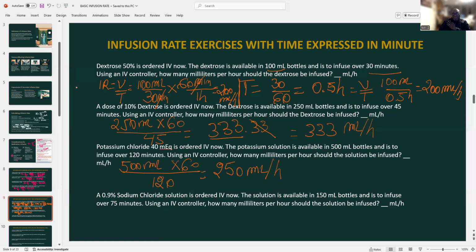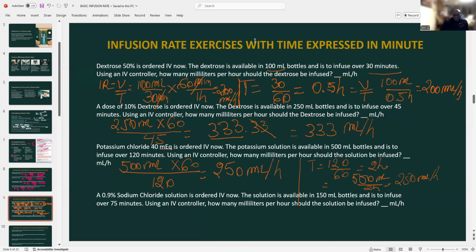Or if you want to do approach number 2, as we learned, you convert your time: 120 minutes divided by 60, you have 2 hours. Now you will get volume over time, which is 500 milliliter over 2 hours, and you will get 250 milliliter per hour.